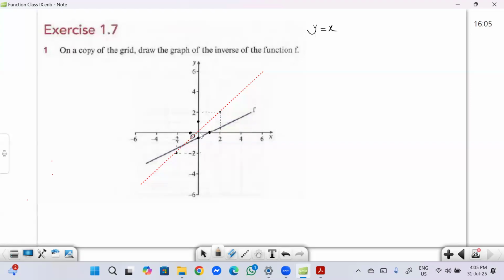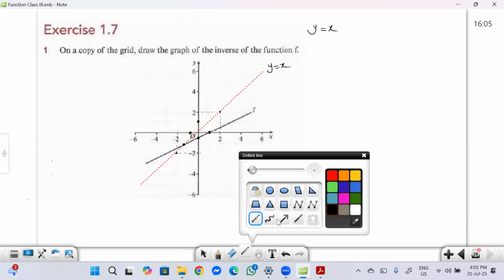Okay. So now if we identify such 2 points, we also need to understand that whatever point it will intersect from y equal to x line, that will be also the point through which it will go.